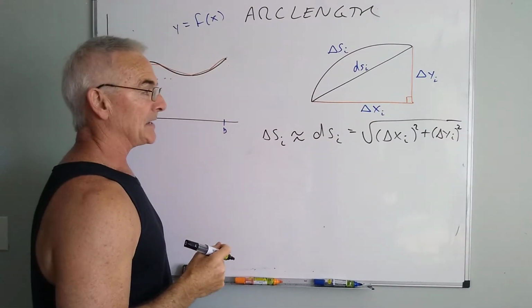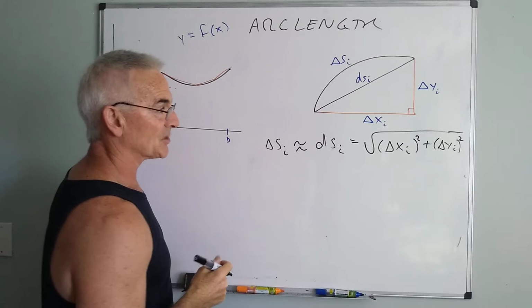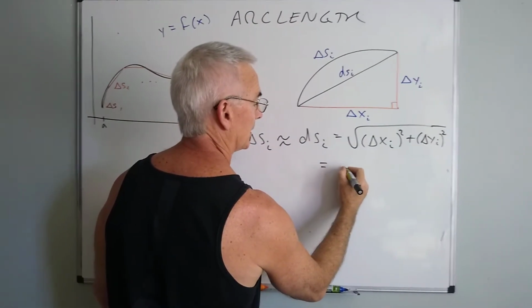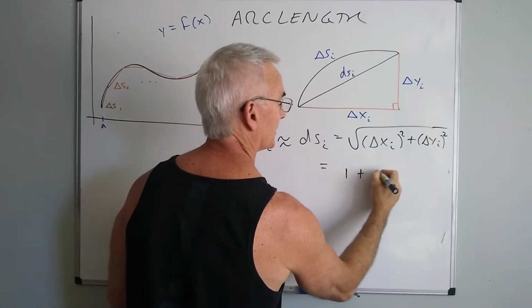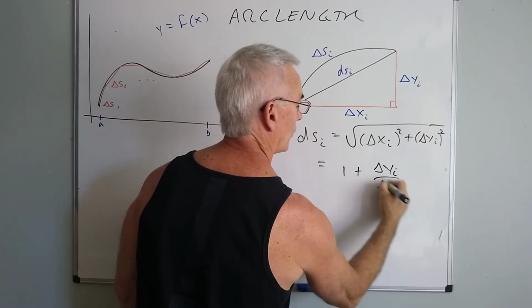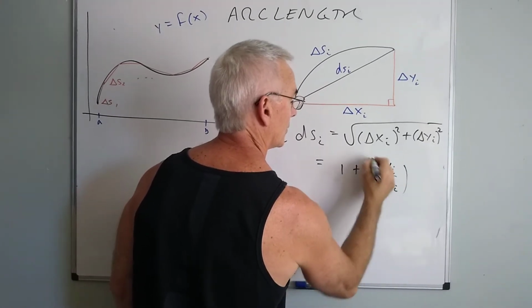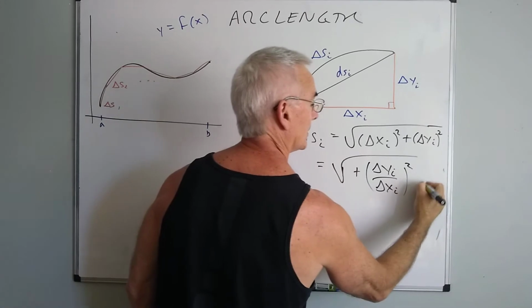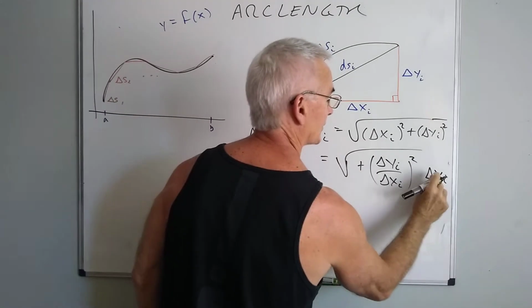Now, if I want to factor out the delta x squared from that quantity, this would become 1 plus (delta yi over delta xi) quantity squared under the root, times delta xi outside the root.